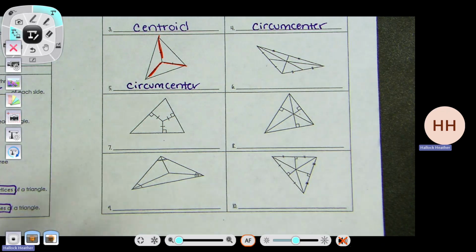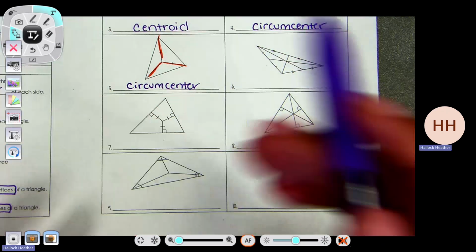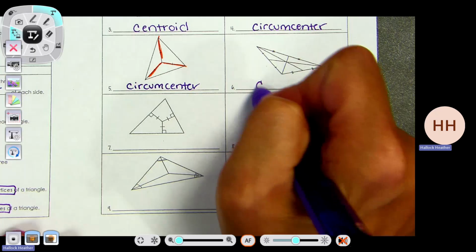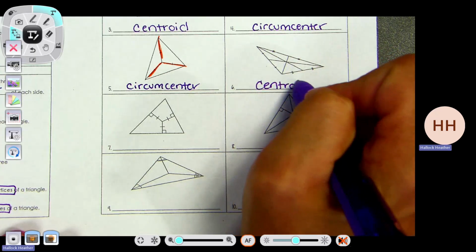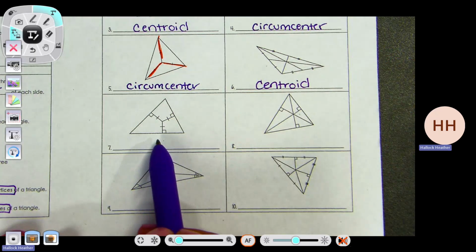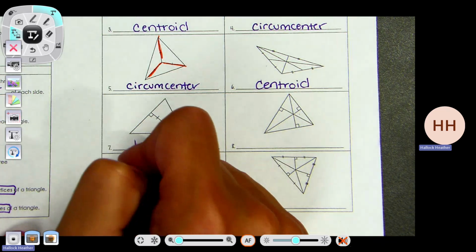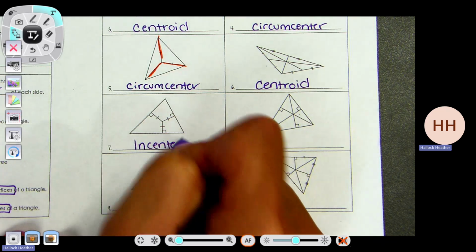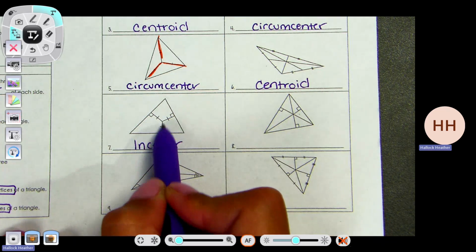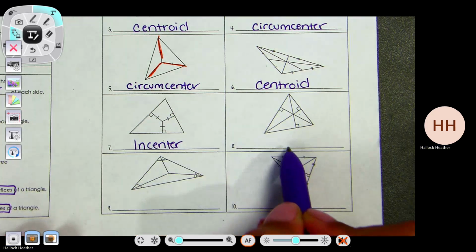Okay, what's number 6? Centroid. What is this one? Circumcenter. No, that's incenter, because the segments on the inside are congruent, so the heights are congruent.